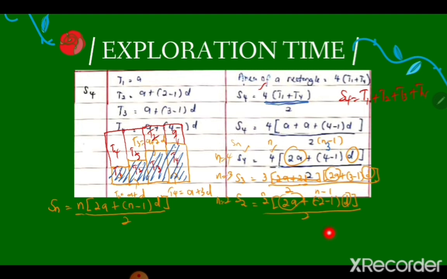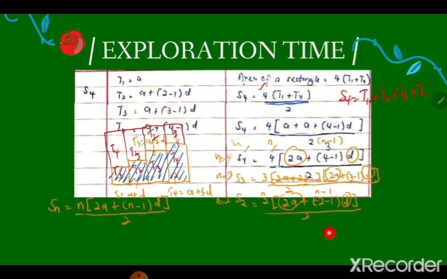So for any value, the sum of n terms is n over 2 times the whole of 2a plus n minus 1 times d.